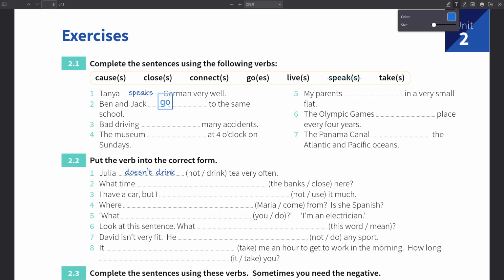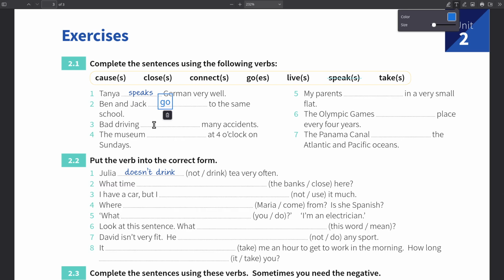Why? Because we're talking about a plural. We're talking about two people, Ben and Jack. And because we're talking about the plural, we have to use the verb in its base form. In this case, just go.